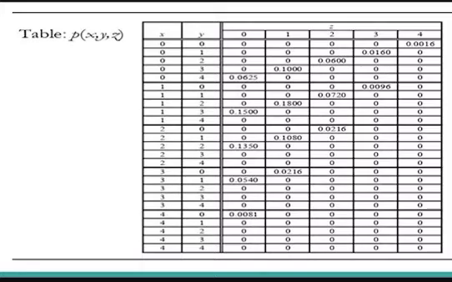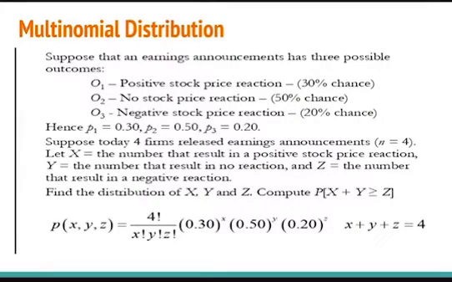The first column is for X, the second for Y, and the other for Z. This is the probability of X, Y, Z, the whole of it, like a joint. If you take the first one, X equal to 0, Y equal to 0, and Z equal to 0, how do we get that? You basically come to the formula where x equal to 0, y equal to 0, z equal to 0.